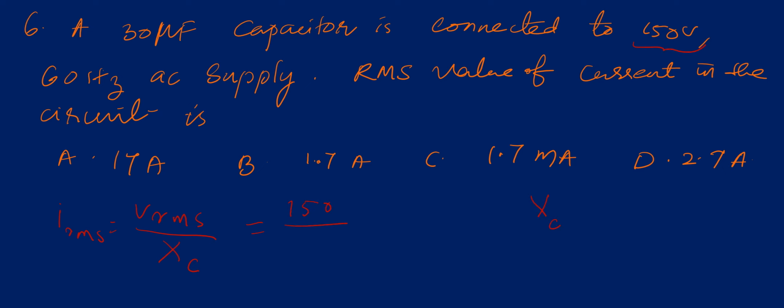We should find out XC, which is 1 by C omega, or 1 by C into 2 pi F. That is 1 by, C value is 30 into 10 raised to minus 6, since it is micro, into 2 pi into F, which is given as 60 Hz. When you calculate this, you will get 88.46 ohm. Substitute this value of 88.46, you will get 1.7 ampere. So option B is the correct one.